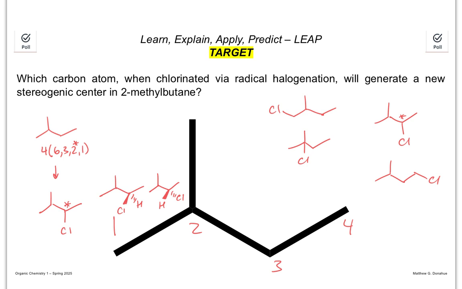And so if I draw that out here, so there are those hydrogens. If you do the H to Cl substitution, really we could think of that asterisk 2.